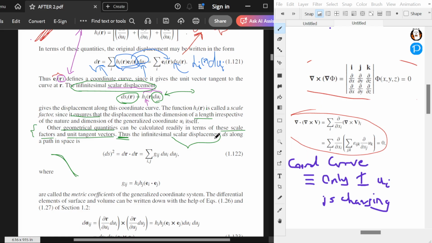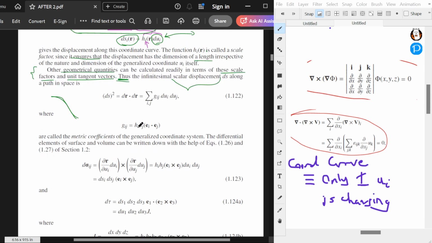The infinitesimal scalar displacement ds along a path in space is, blah, dr dot dr. Where g, this is saying gr, so this is multiple stuff, are called the metric coefficients.